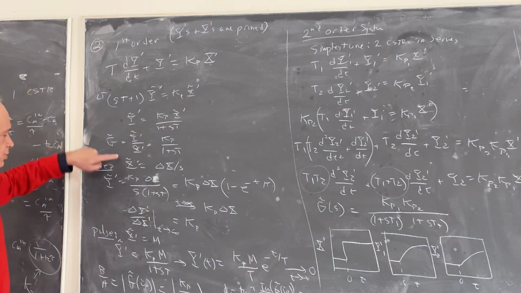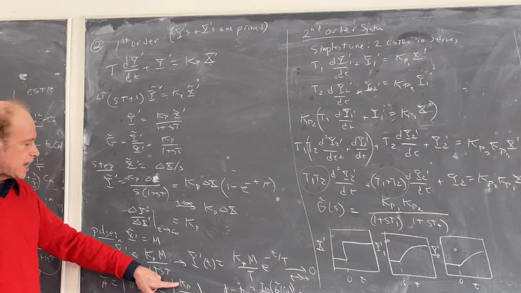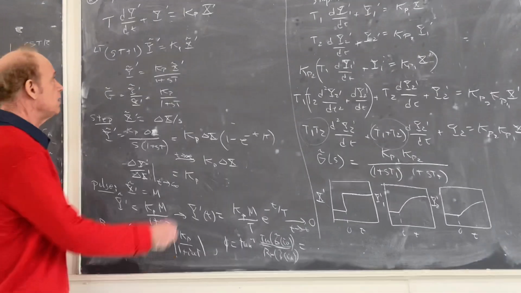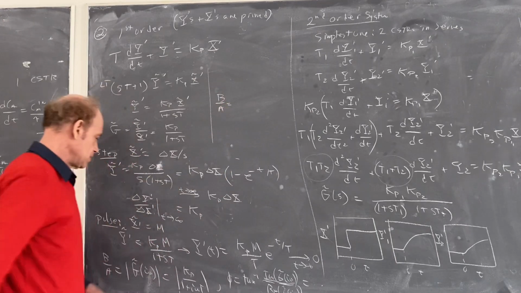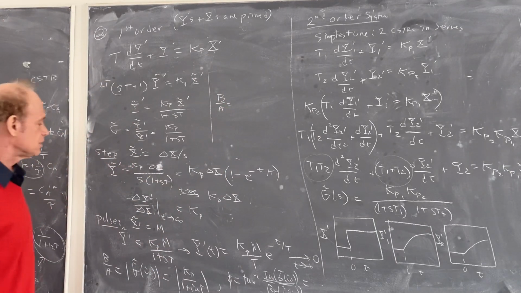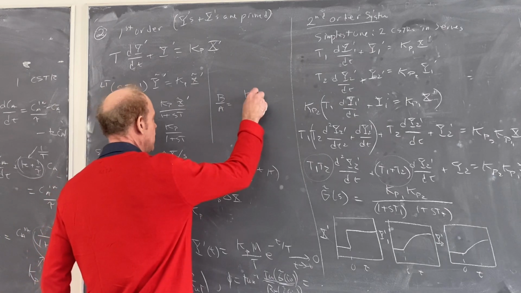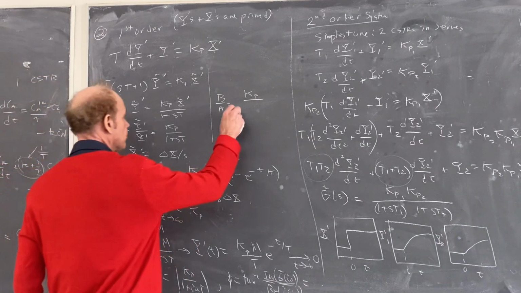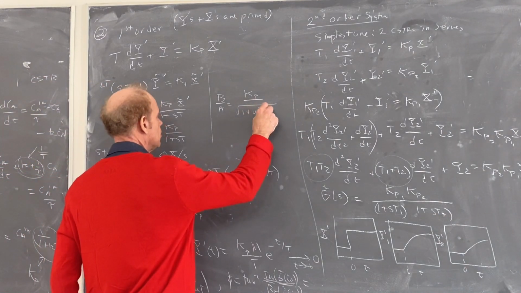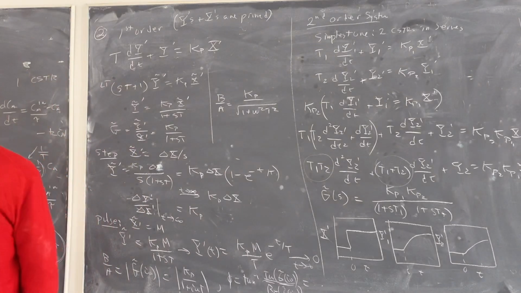B over A was Kp over this. And let me just remind you that B over A for the first order system was the magnitude of G tilde of I omega. It was Kp, and we worked it out over here. It was over the square root of 1 plus omega squared T squared. That was for the first order system.